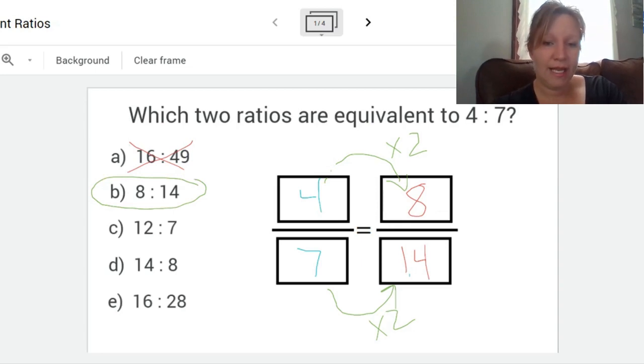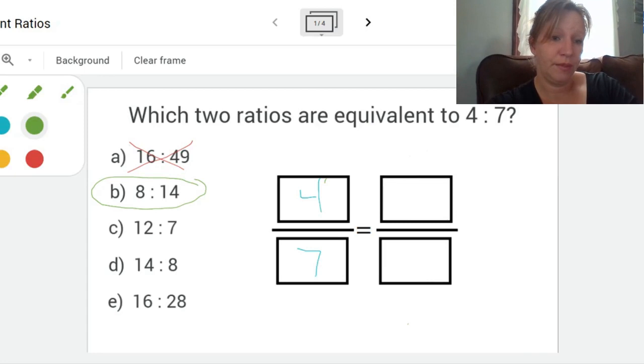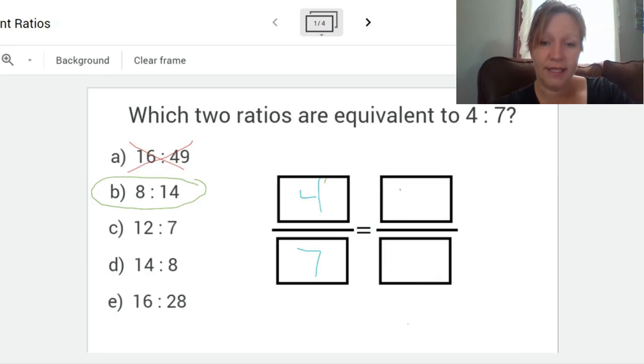Looking at the second one, I can actually go ahead and say there's no way that's going to work out because the first number is bigger. In the ratio that I'm given, 4 to 7, 4 is smaller than 7. And so in anything equivalent, the first number needs to be smaller than the second number. I could go ahead and try it out, so I'll go ahead and do that. I'm going to write 12 to 7.